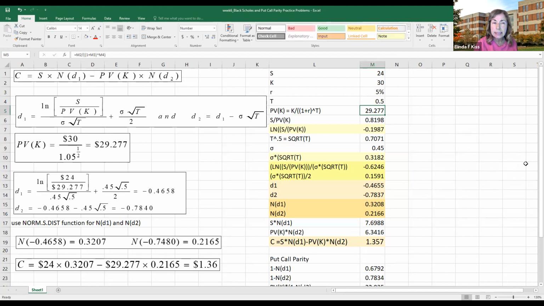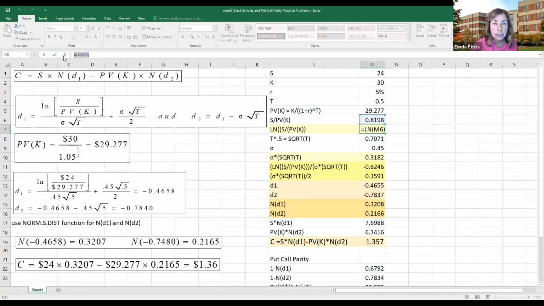I take the strike 30 and divide it by 1 plus the risk-free rate raised to the T power, or the half here. Then to get the stock price divided by the present value of K, I just divide these two. And then ln, the natural log function, I'll just show you that that's a function.